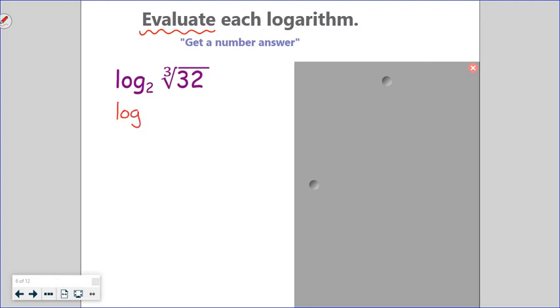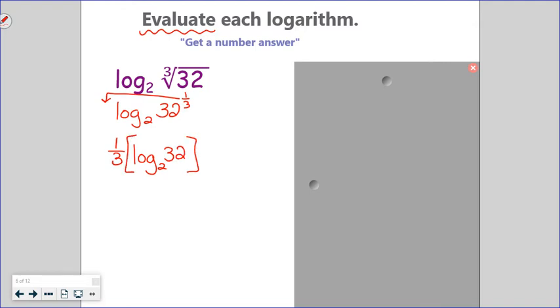For example, I could rewrite the cube root as a 1/3 exponent, right? And I now know that if I have any exponents, and I strongly encourage you to do this from here on out, every time you have an exponent in a logarithm, slide it out front. It will make the problem a lot easier to think through. 1/3 times log base 2 of 32.